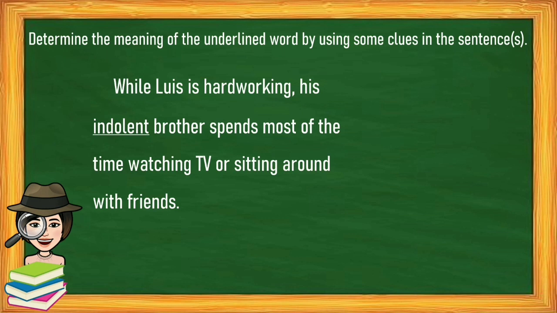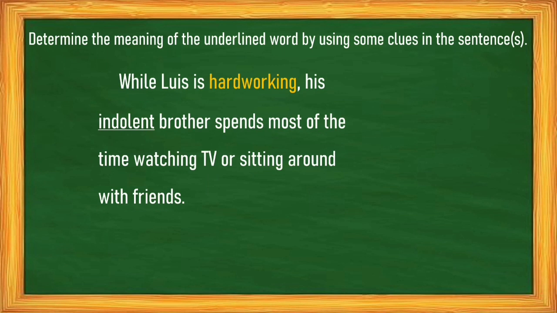While Luis is hardworking, his indolent brother spends most of the time watching TV or sitting around with friends. The difficult word here is indolent. What is the clue in this sentence? That's right. The word is hardworking.